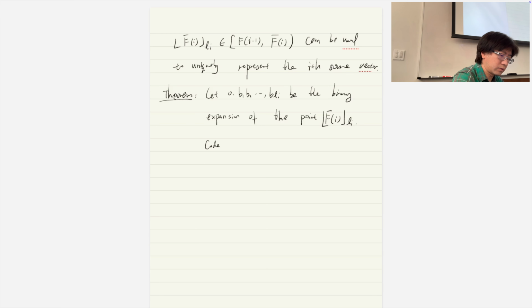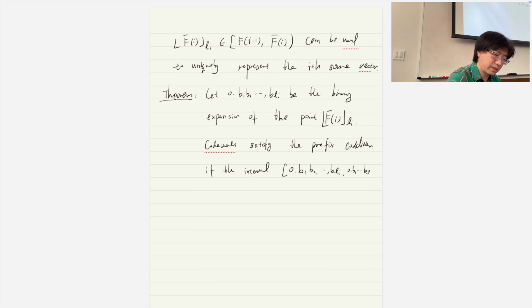Then we say the code words satisfy the prefix condition, meaning none of the code words is a prefix of another one, if the intervals [0.b1 b2 ... b_{L_i}, 0.b1 ... b_{L_i} + 2^(-L_i)) are disjoint.